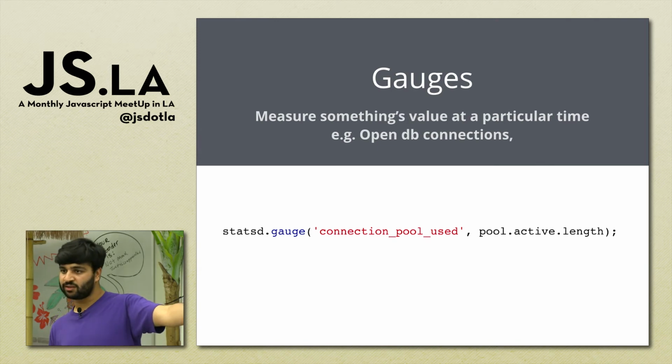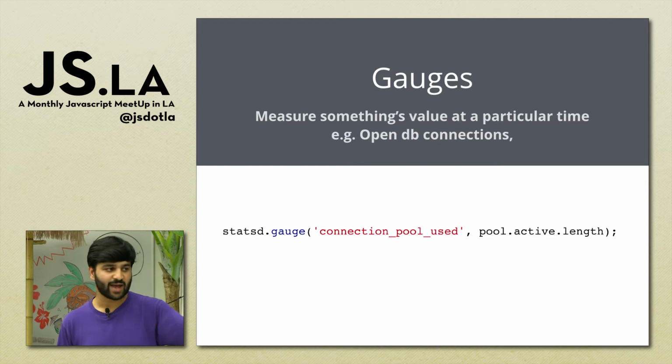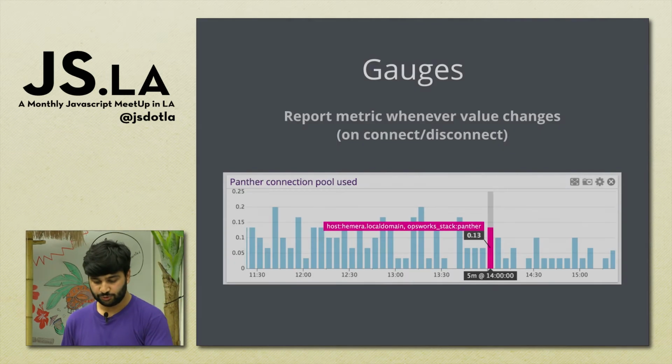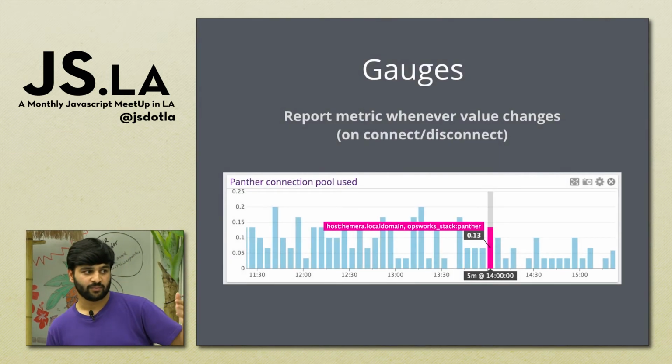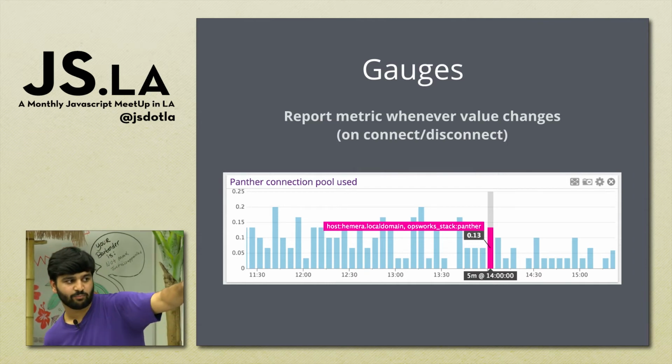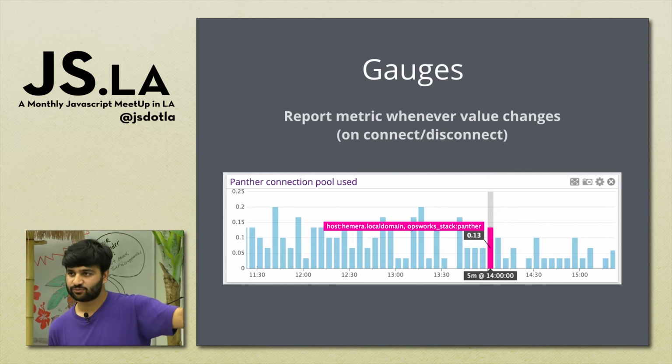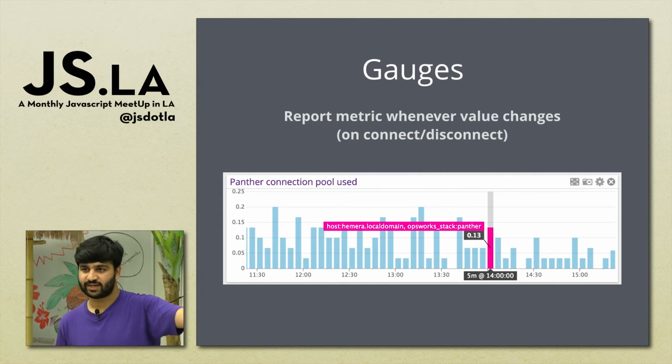And you can see with one line of code, basically any time a connection is grabbed from the pool or released back into the pool, you get this graph. I'll explain it a little bit, but every bar here is a 5-minute sample. And the y-axis represents the average number of connections that were held open in that 5-minute slot. So as you can see, we're doing really well. We're barely touching database connections.